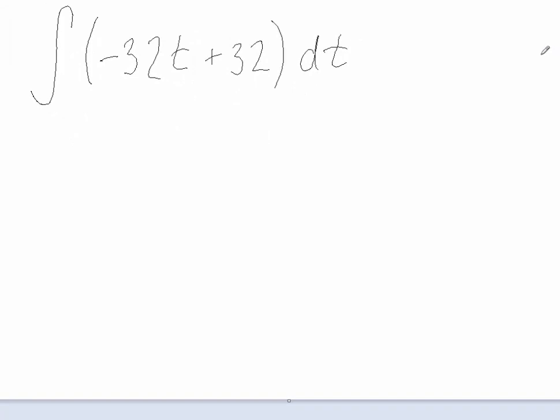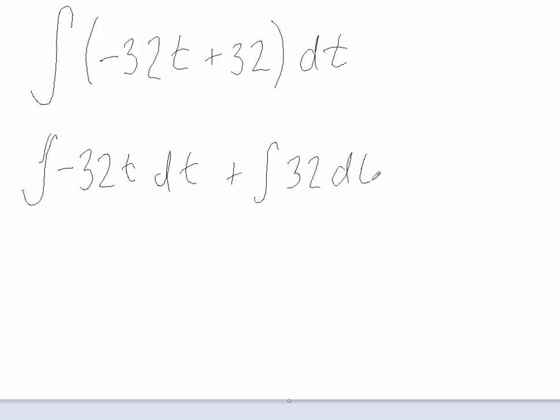Okay, so using our rules, we can say that we can take the derivatives of some of these, and we can pull constants out in front.